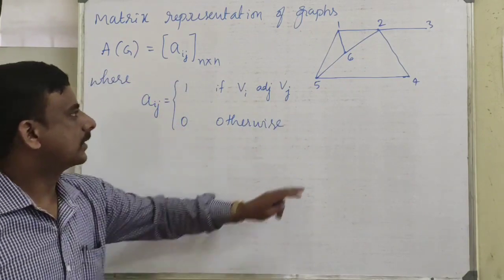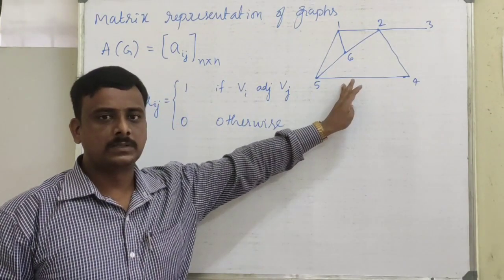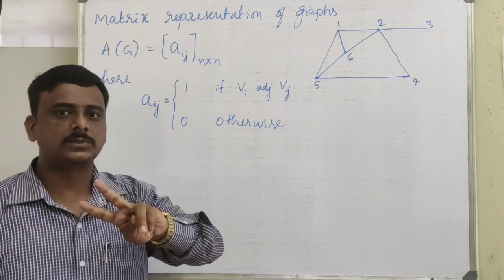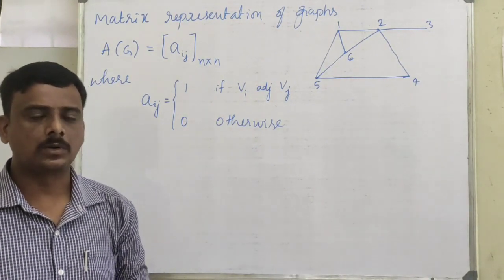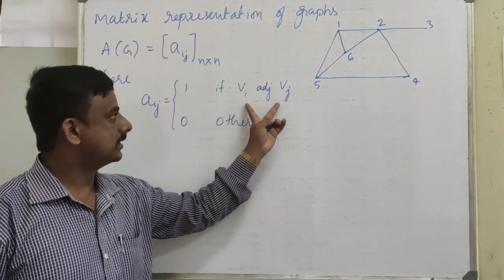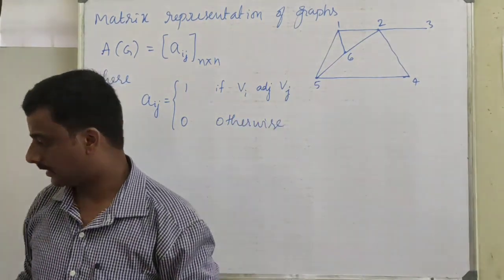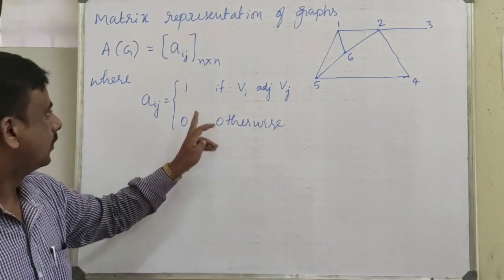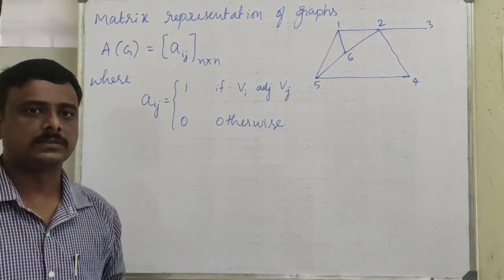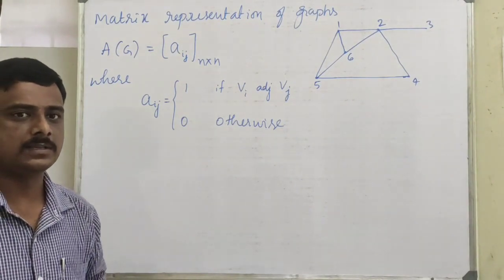If you take any two vertices of this graph, there are only two possibilities. Either those two vertices are adjacent or those two vertices are not adjacent. If those two vertices Vi and Vj are adjacent, then we will take Aij to be 1. If they are not adjacent, then we will take Aij to be 0.